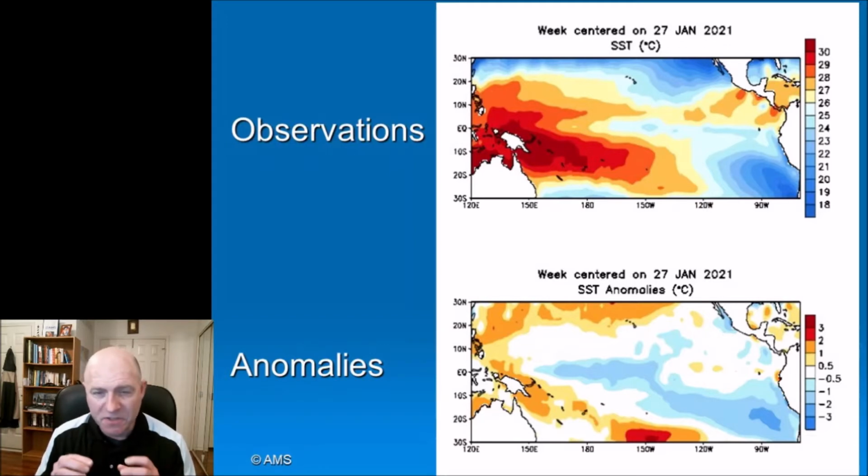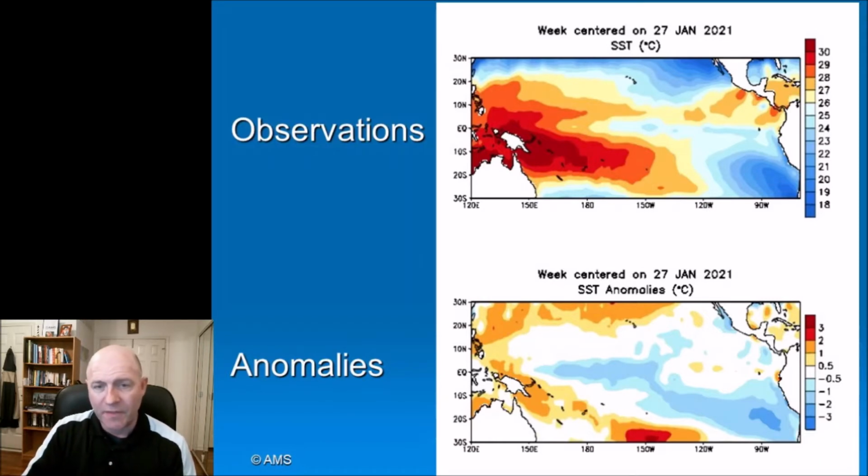And in this case, you see right in the center part of the screen and back down toward the bottom right, or toward the southeast, it's a little bit cooler than normal or the long-term average. Whereas on the far left part of the screen in the upper left, it's warmer than the long-term average. And that can sometimes tell us a lot about what to be expected in terms of the sensible weather in the short term.